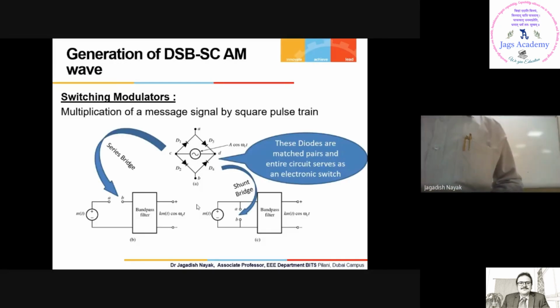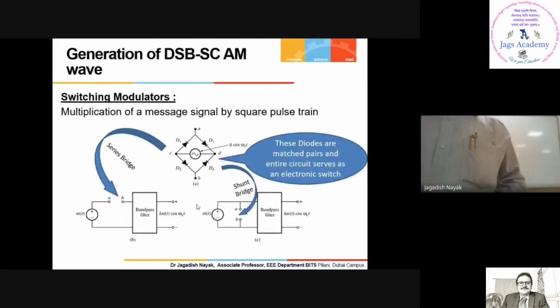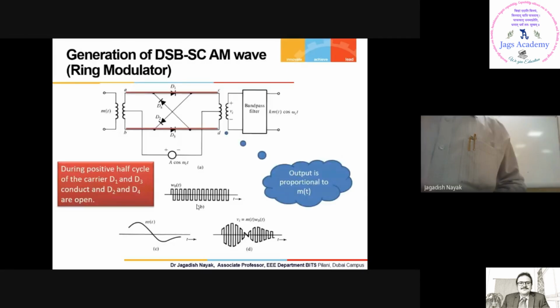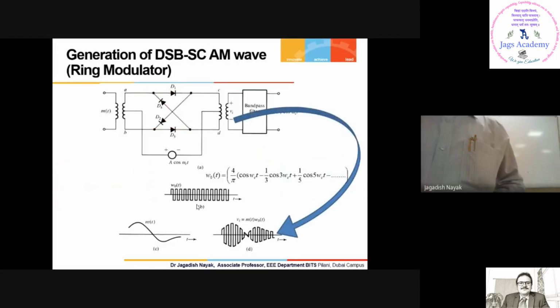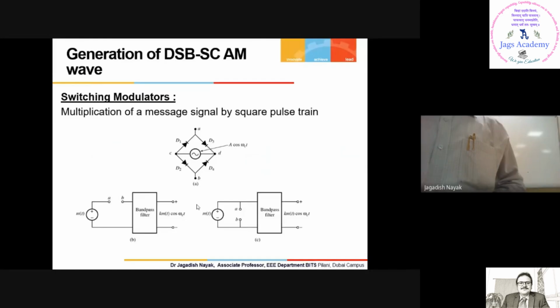Now here, what you can see here, can you tell me what happens during positive half cycle and what happens during negative half cycle there? I just want you to analyze it.